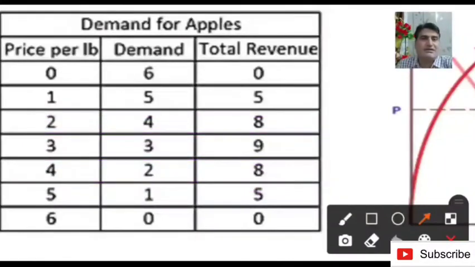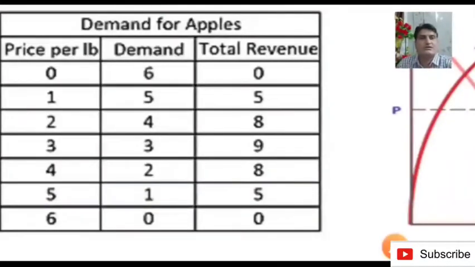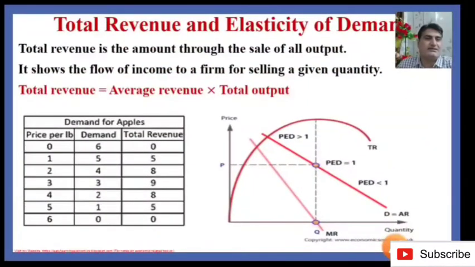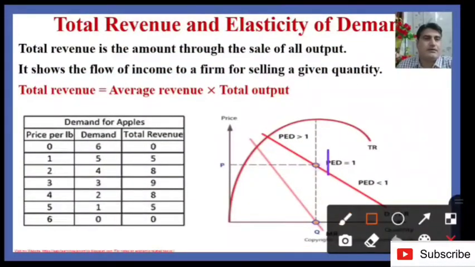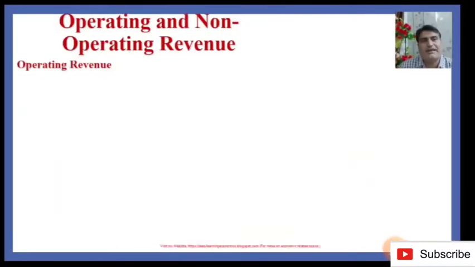When the price increases from 4 to 5, the quantity demanded decreases from 2 to 1, but the revenue decreases. It means at this point the elasticity is less than 1. So you can see here that the elasticity is equal to 1, greater than 1 and less than 1. So what is operating and non-operating revenue?